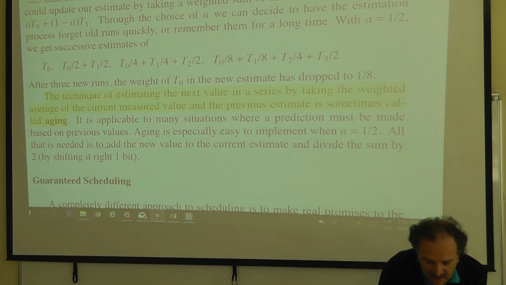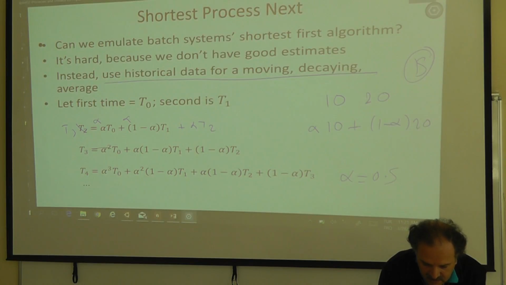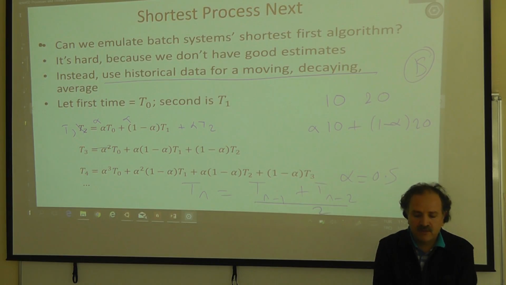That means that when I calculate Tn, I should do Tn minus 1 plus Tn minus 2, over 2. So that's the formula.